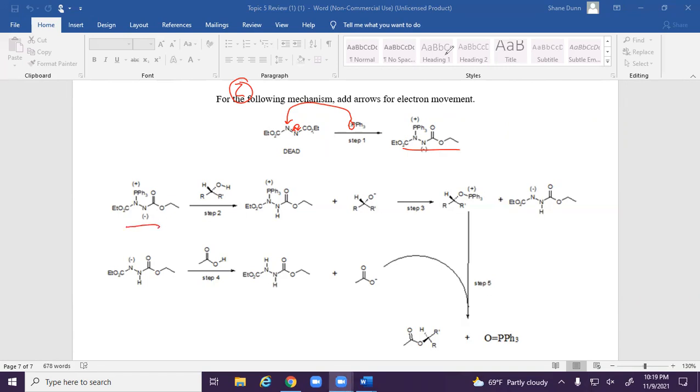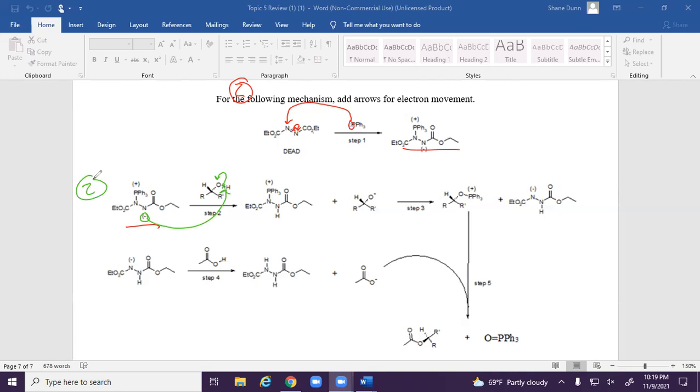Let's use green next. This guy becomes this guy. What did he miss? Hydrogen. So he lost a hydrogen. Bond breaks, you get both electrons. You take the electrons here, steal a hydrogen. That's 2.